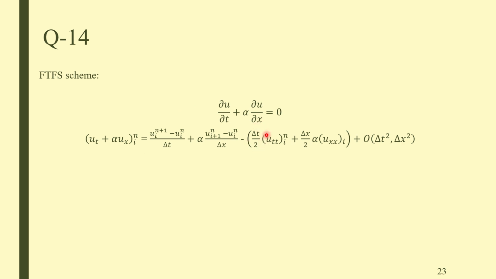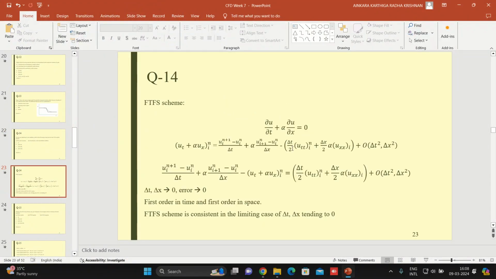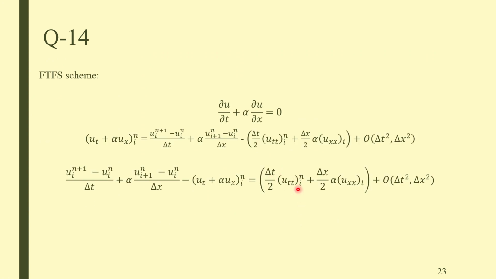Delta t by 2 times dou square u by dou t square, that is u tt at i and n, plus delta x by 2 times dou square u by dou x square, and the remaining terms that we have mentioned are of order delta t square and delta x square, second order in time and second order in space.